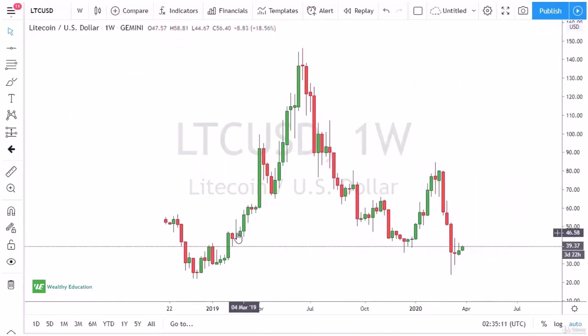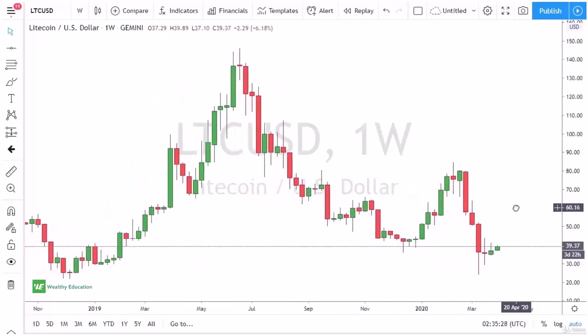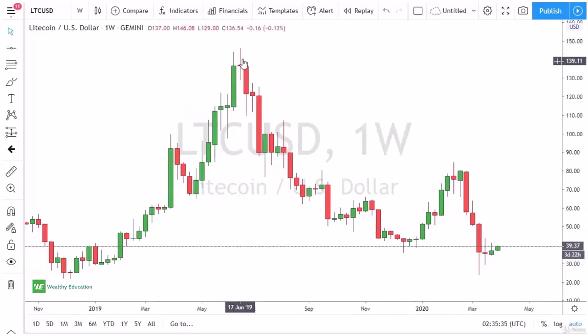Notice how there's a lot less information on this chart, and it's much easier to determine which direction the market is heading. Sellers are much more in control of Litecoin on the weekly chart. Yes, we had a bounce, but at the end of the day, you can see it was slight compared to what we had been seeing.